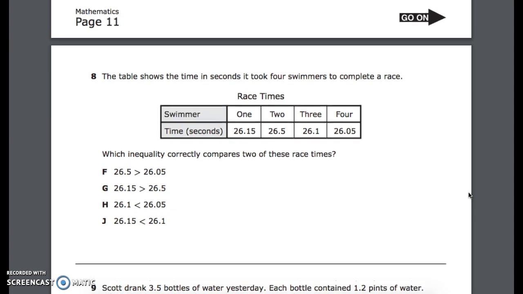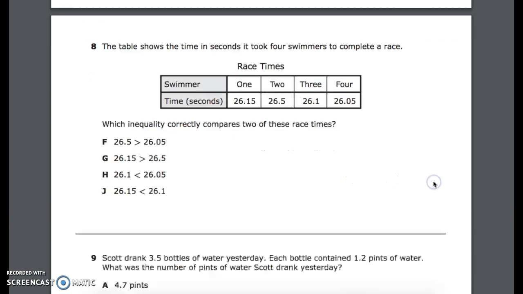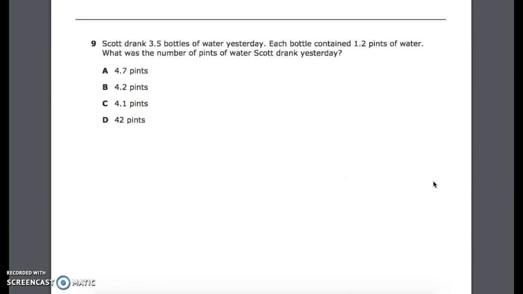Number 8. The table shows the time in seconds it took 4 swimmers to complete a race. Swimmer 1, 2, 3, and 4, time, seconds. Which inequality correctly compares 2 of these race times? Number 9.